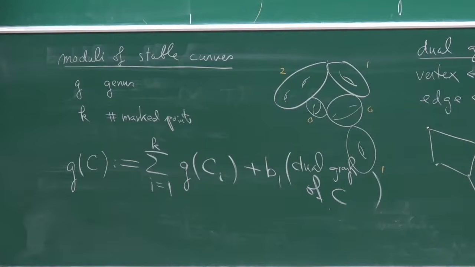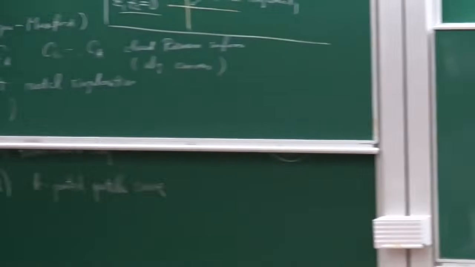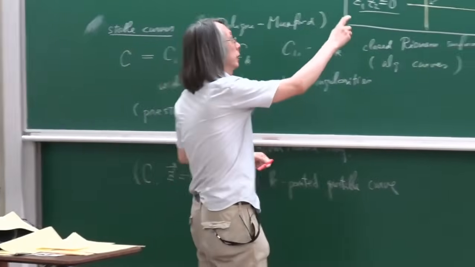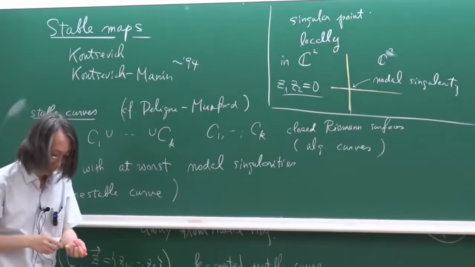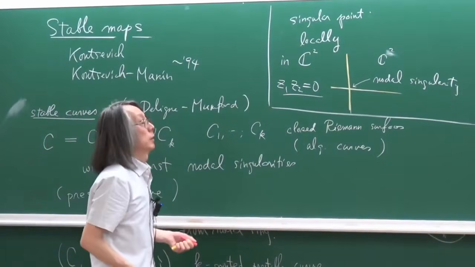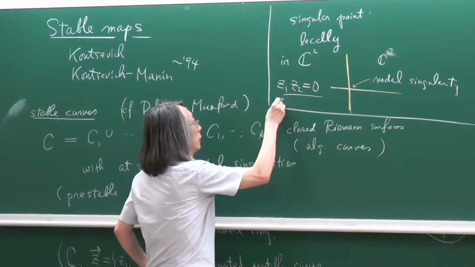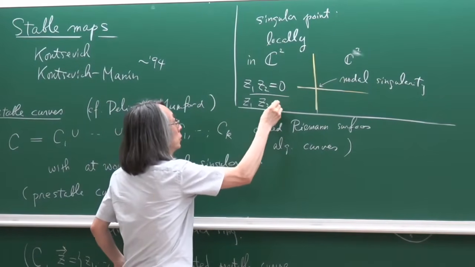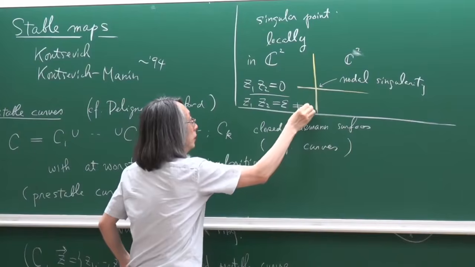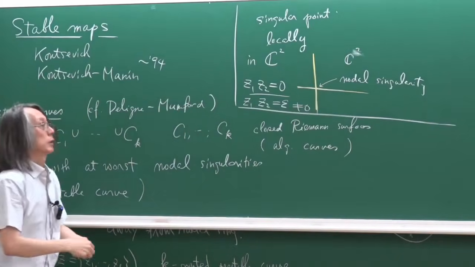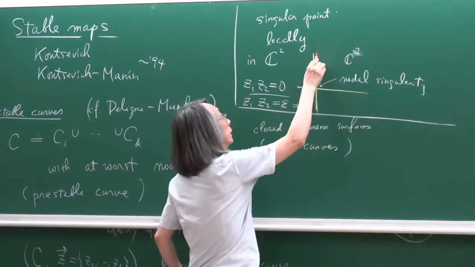And why do we call it the genus? The reason is the following. If you have this nodal singularity, originally you have Z1 Z2 equals 0, but you can smoothen it to Z1 Z2 equals epsilon. Then what you get is something like this.